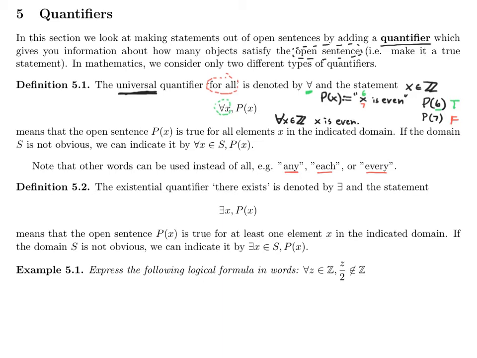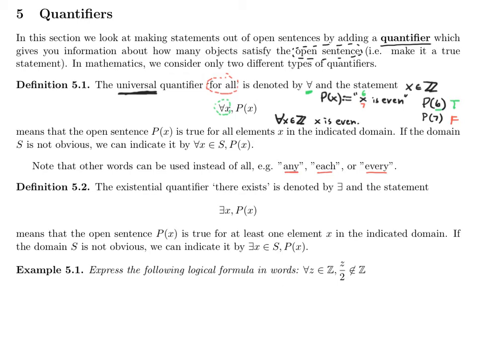Let's see if you can determine whether this is true or false, or it depends. If somebody said all integers are even, would this be a true statement, a false statement, or would it still be an open sentence where it depends? Well, if somebody said all integers are even, you'd probably say that's false.